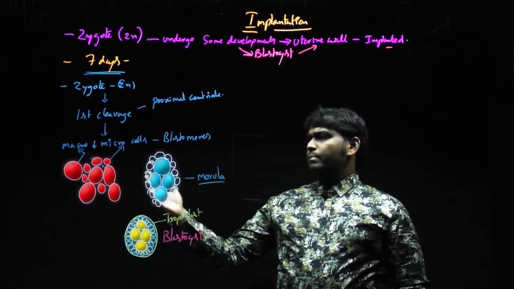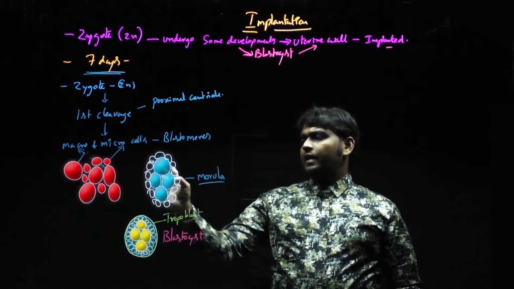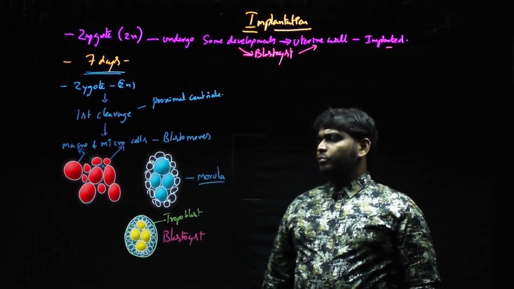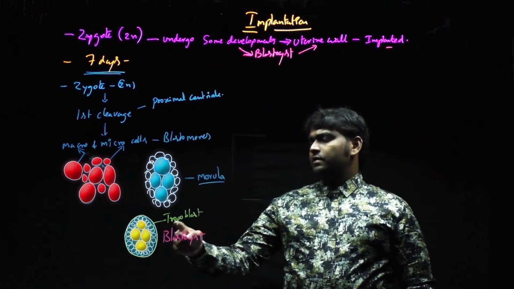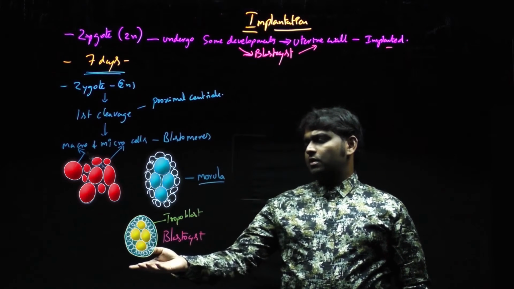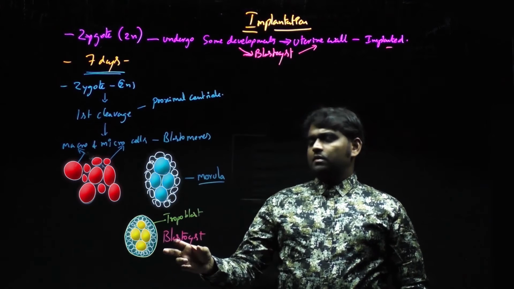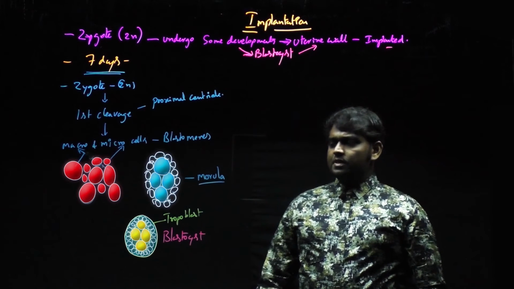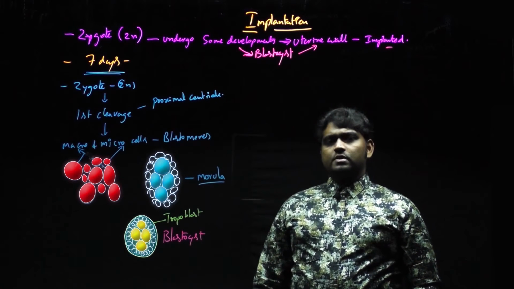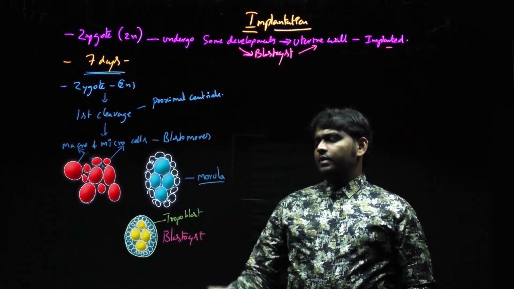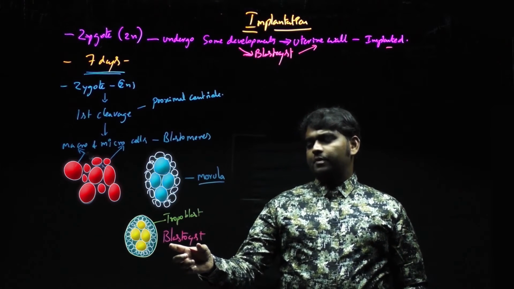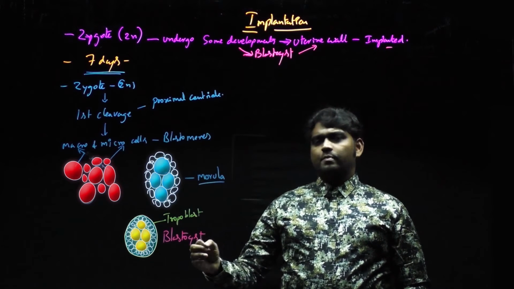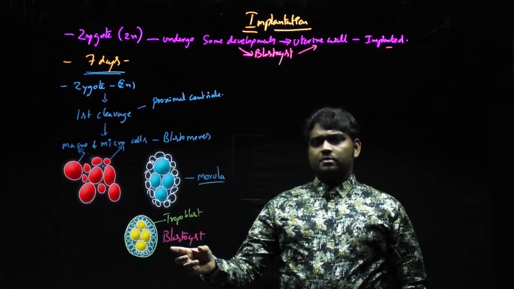These micro and macroblastomeres are rearranged and form a morula. These are covered with a layer called the trophoblastic layer, and that is now the blastocyst. I already mentioned in the initial video that the blastocyst is one of the most important stages. From here onwards, embryo development starts. The real pregnancy process starts here, with the gastrulation process.